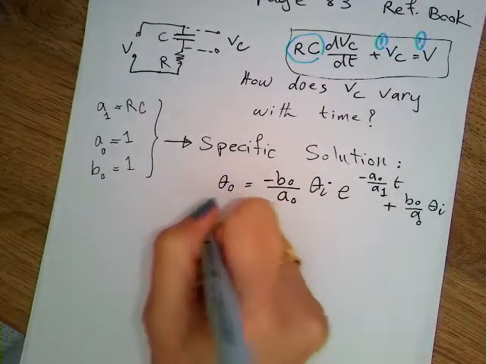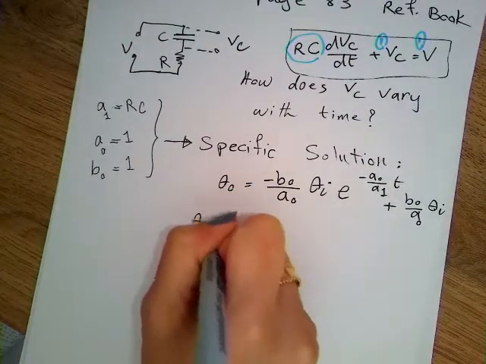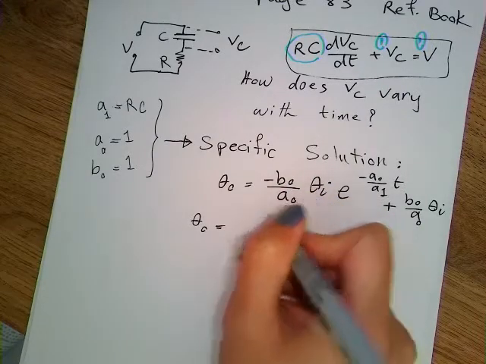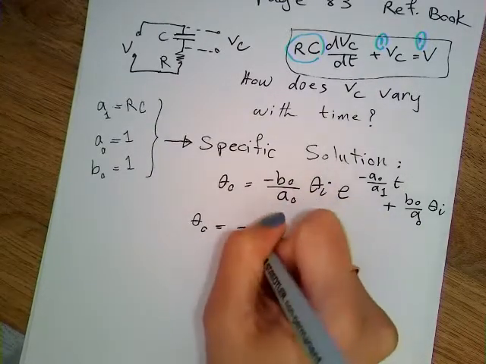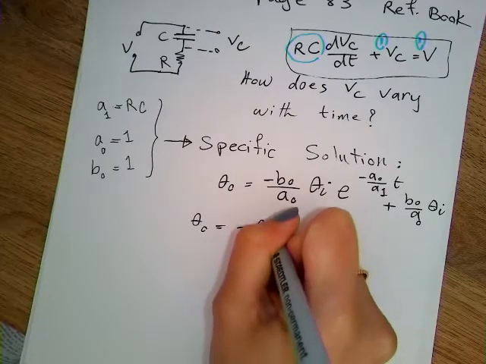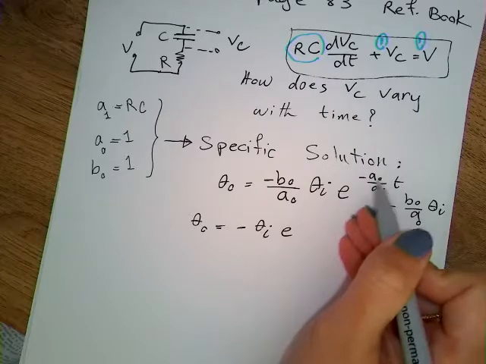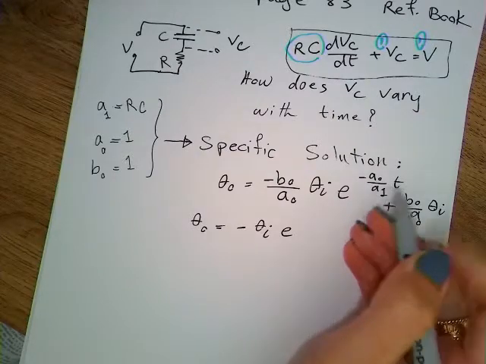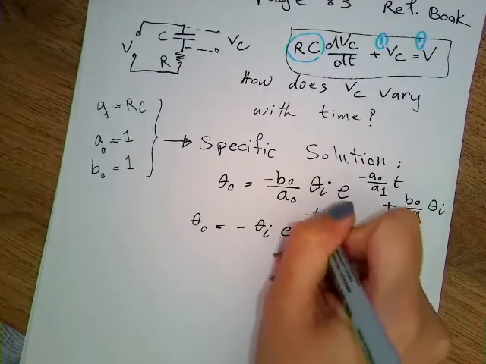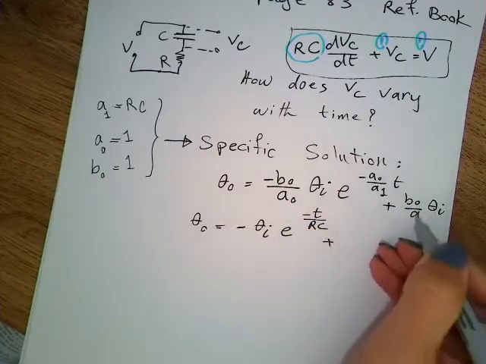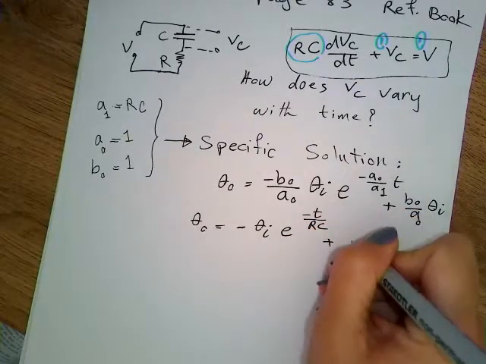B0 is 1, A0 is 1, so I will have exponential of A0 is 0, A1 is RC, and then B0, A0, both of them 1.